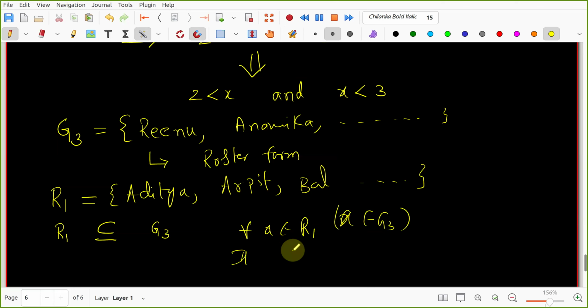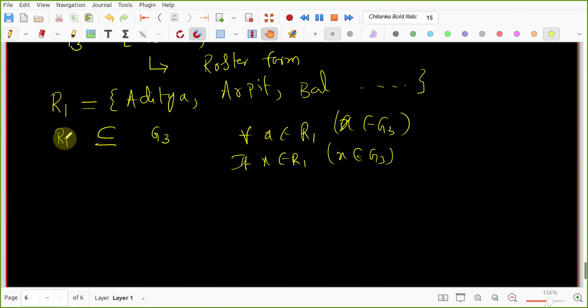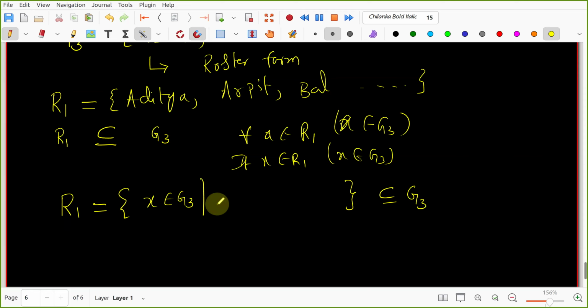Of course. So R1 and G3, according to us. But I want to write R1 as a subset of G3, so the set itself has to come. How do I write it? I'll start here: x belongs to G3, right? What is the condition I have to put here?